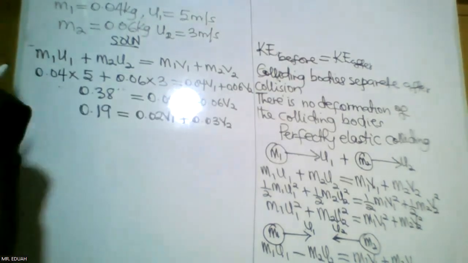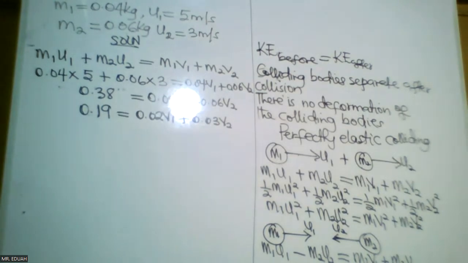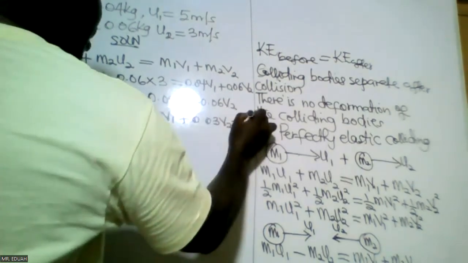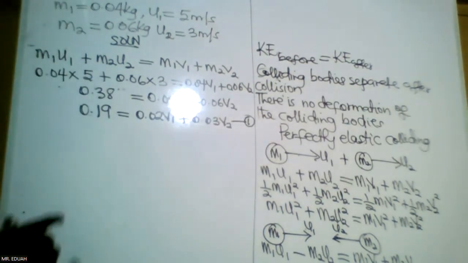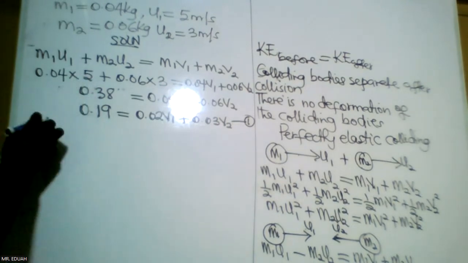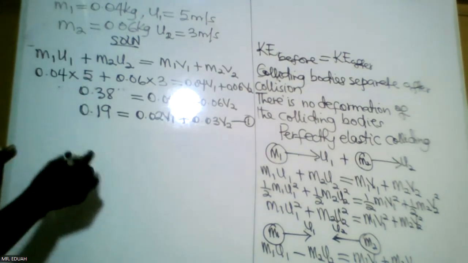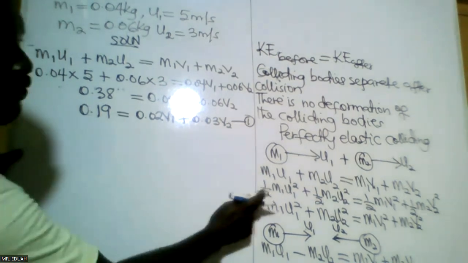So this is equation 1, the equation for conservation of momentum. Then conservation of kinetic energy, instead of half, right?